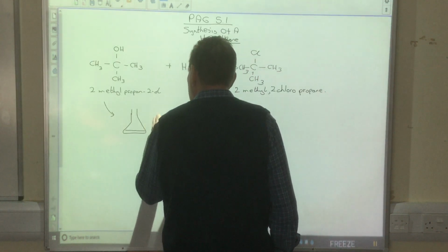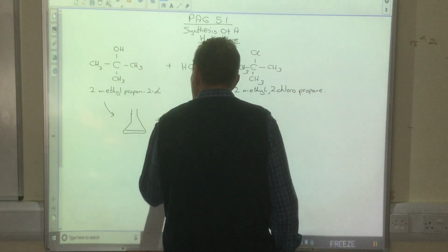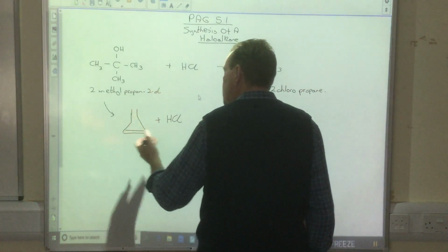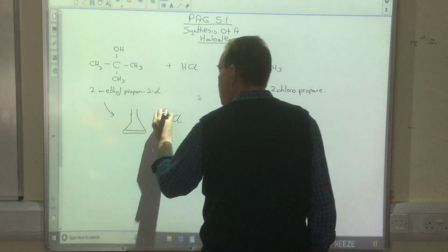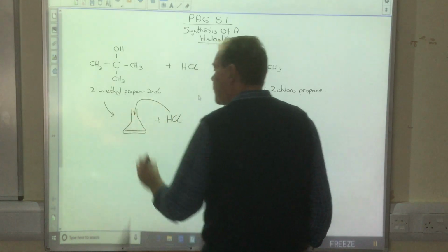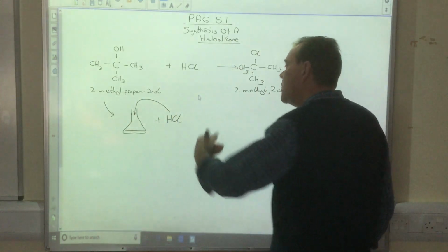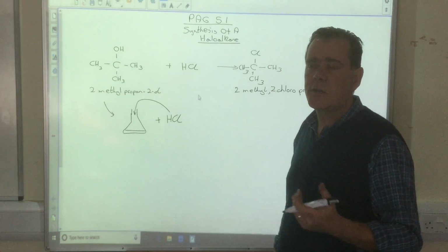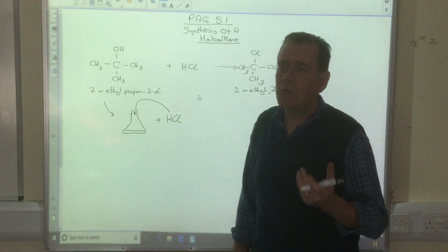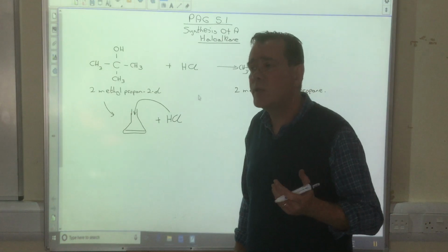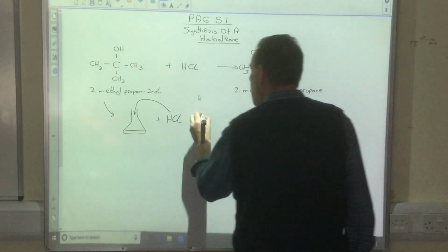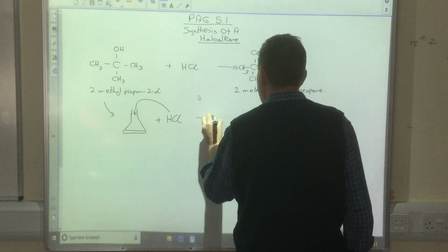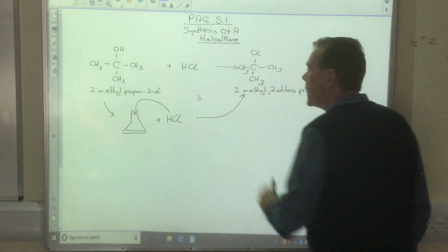We add hydrochloric acid drop by drop, make notes about that so you don't get too much heat generated. In it goes, drop by drop using a pipette. The reaction is quite rapid with concentrated hydrochloric acid. The reaction will take place at room temperature and you will make your product, your haloalkane.